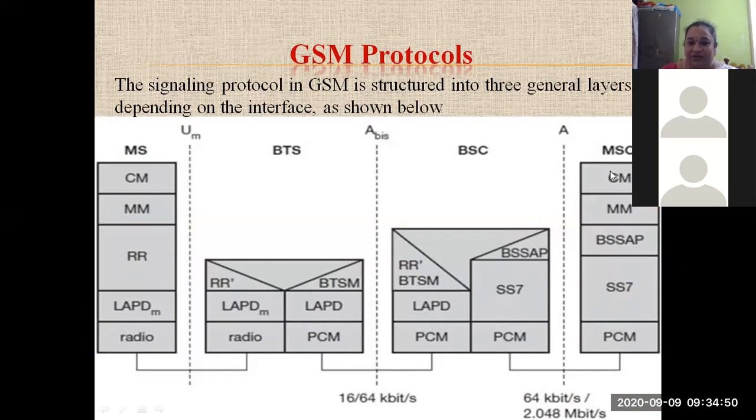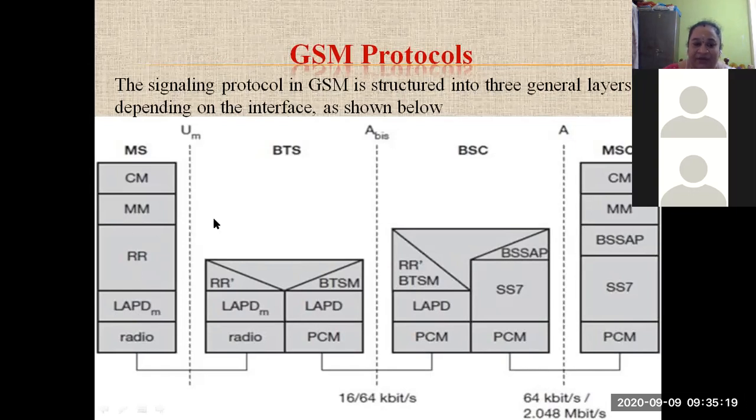That is, the base station controller and the mobile switching center communicate using this SS7 protocol, where it communicates with all the sections of the mobile switching center of the NSS system. That is the VLR, HLR, authentication center, and AR are communicated with and controlled using this SS7 protocol, right? LAPD is used for communication between the mobile station and the corresponding base transceiver system. All are discussed here.